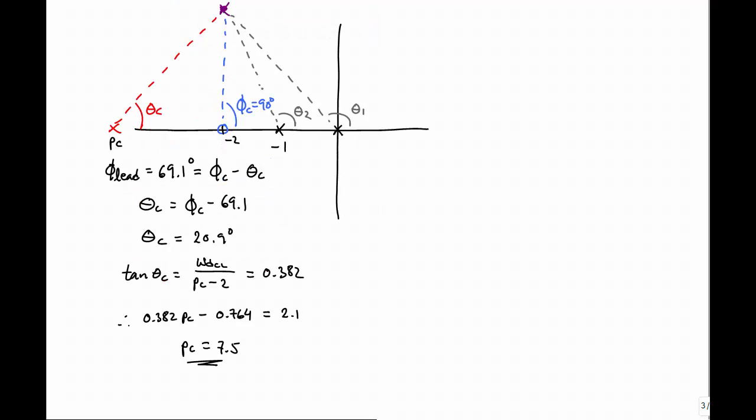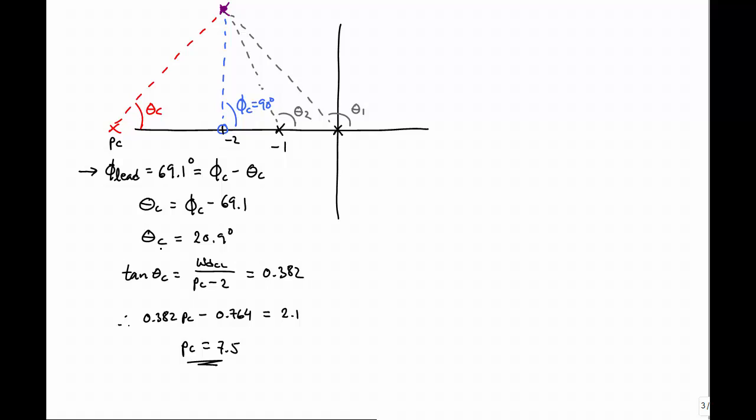Okay, actually I messed up here. Took the long way to try to find the angle theta c, the angle contributed by our compensating pole. Actually, we know that the lead angle that we need is 69.1 degrees. That remains the same, but that comes about from taking the difference between the angle contributed by the zero, which in this case is going to be 90 degrees, minus the angle contributed by the pole, which is what we're solving for.